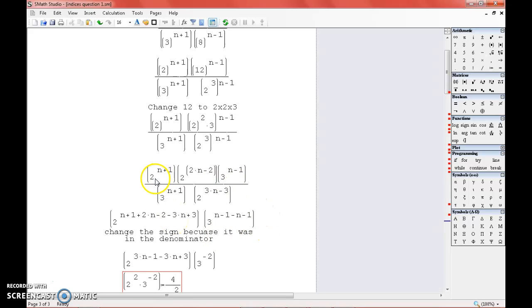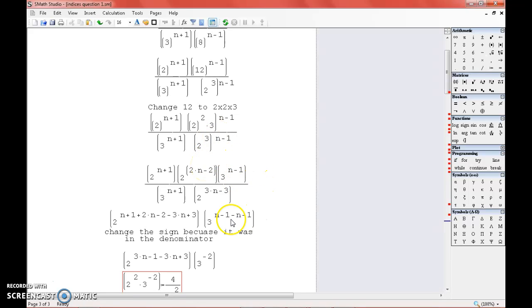So you had 2 right here, 2 right here, and 2 down here. This 2 to the n plus 1, you write it back, and you also write back this one, 2 to the n minus 2. But for this one, you carry it up, and you minus the term from the ones up here, so you'll have negative n plus 3, because carrying it up, you have to change the sign.